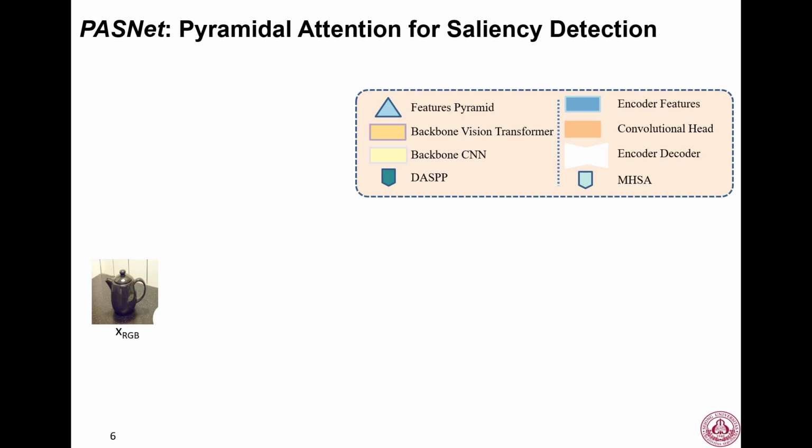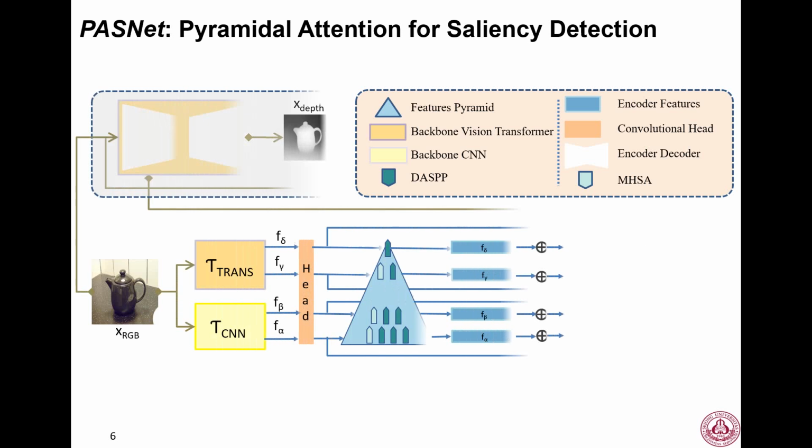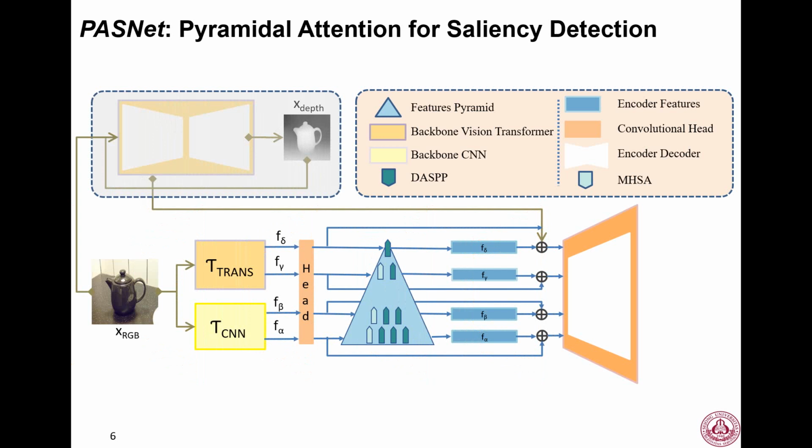PASNet considers a single RGB image and applies feature extraction from the backbone network, a pyramidal block for encoder features refining, and upsampling and features fusion in the decoder. Initially, the RGB image is processed using two models. Firstly, the encoder module produces various level features, where the initial level features are refined via the base of the pyramid.